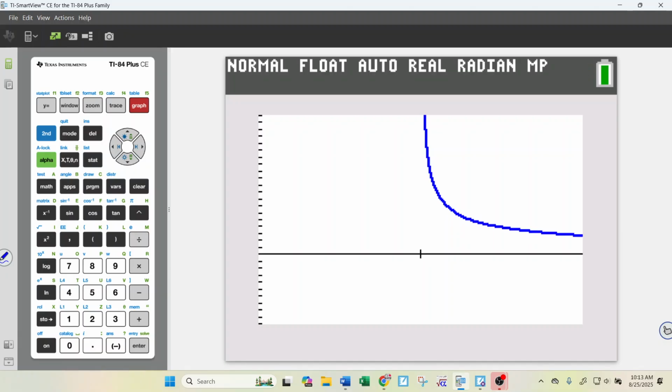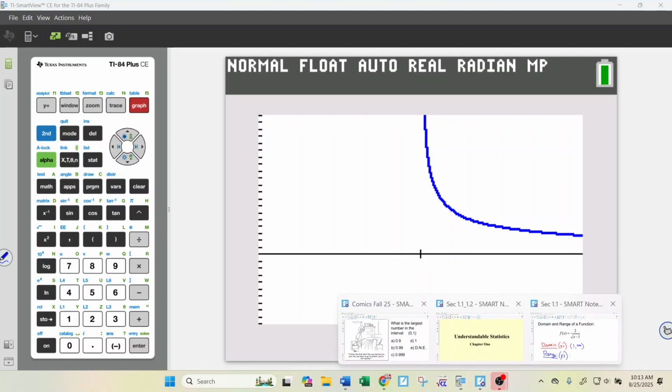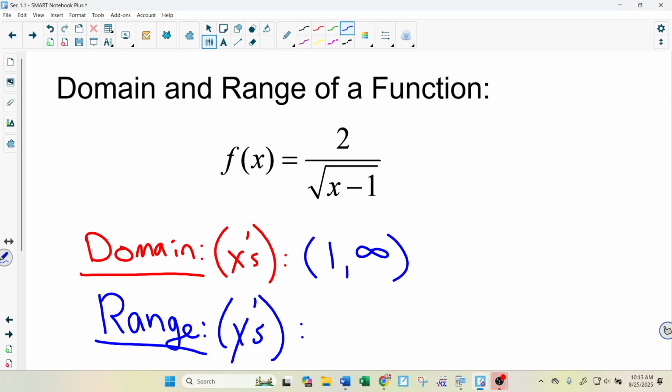Going even higher, right? So it keeps going higher. That tells us my range goes all the way up. Range is the hardest one. Range is hard. You've got to look at the graph to figure it out.